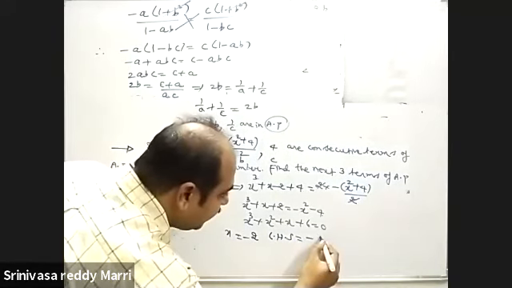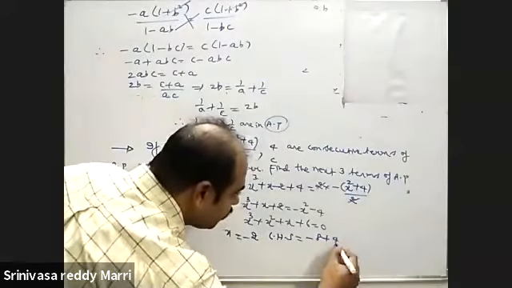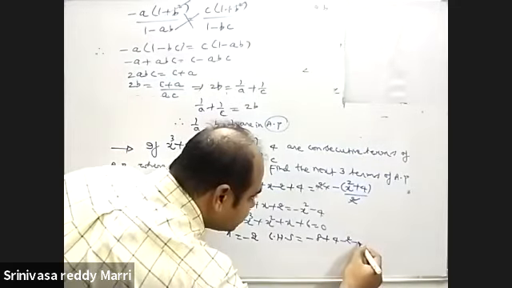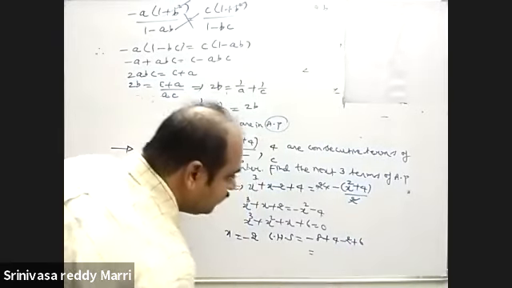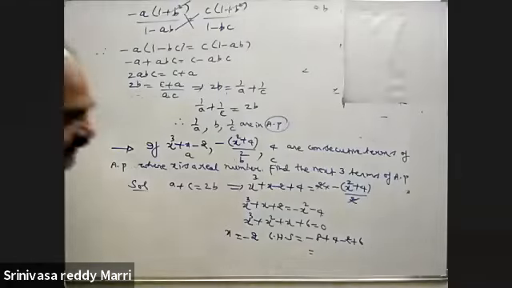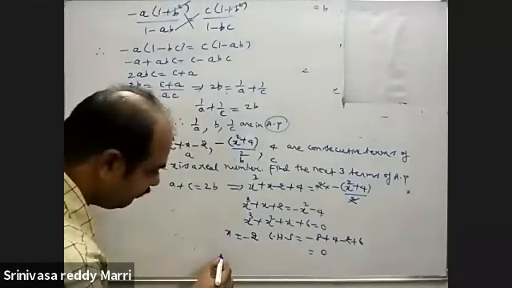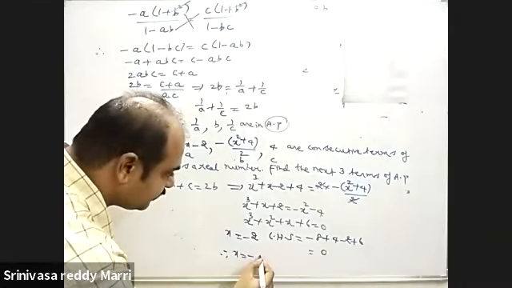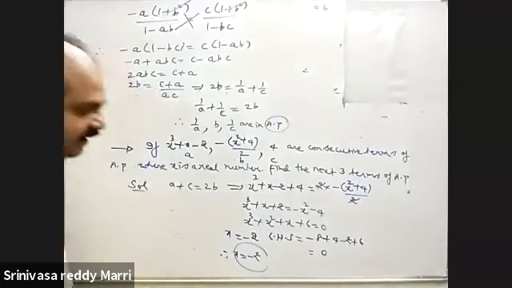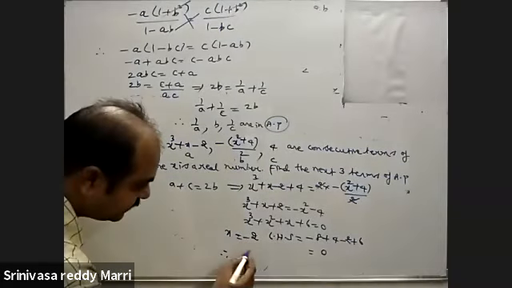LHS is minus 8 plus 4 minus 2 plus 6, which becomes minus 10 plus 10, 0. Therefore the value of x satisfying the equation is x equal to minus 2.